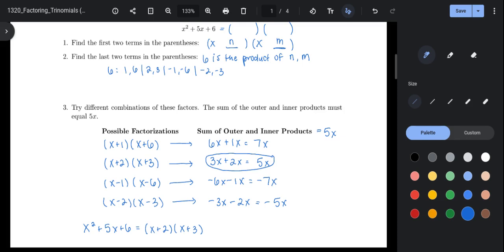One thing I want to mention here is that this method can be more difficult and time-consuming if our leading coefficient is greater than 1. So in this case, our leading coefficient, so that coefficient with our x squared term, is 1, and that makes our life really simple when it comes to using trial and error because there's fewer things that we have to take into account. We only had to list the factors for 6 in this step 2.